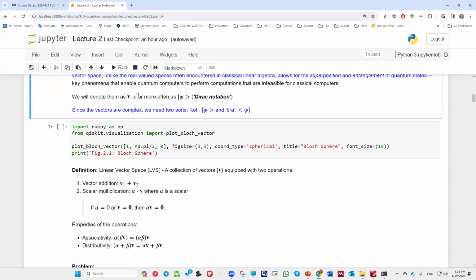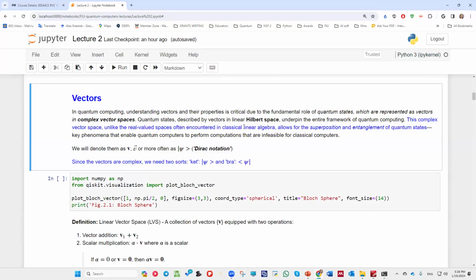Another way is to put an arrow on the letter, and there is another way, which is called Dirac notation, where you place the letter between a vertical line and an angular bracket. Okay, so these are all three ways we will use in our lecture.